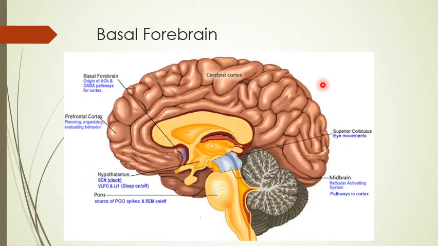You also have the basal forebrain. If you can recall, this is related to amnesia of the Alzheimer's disease. Okay, so there's reduced or low levels of acetylcholine. So that's what is believed to be causing amnesia brought by Alzheimer's disease.